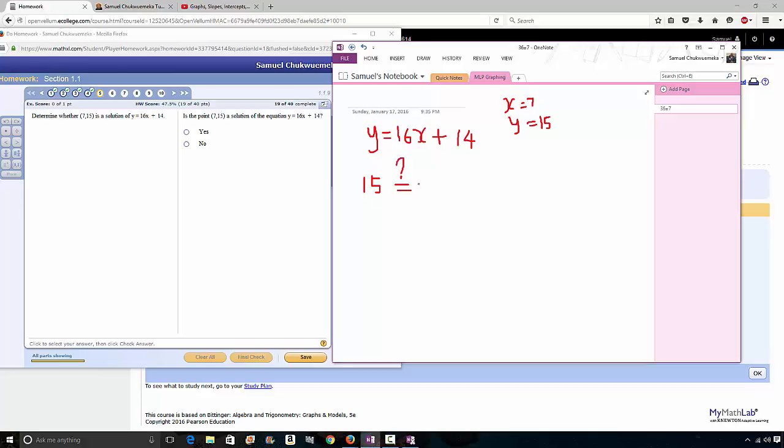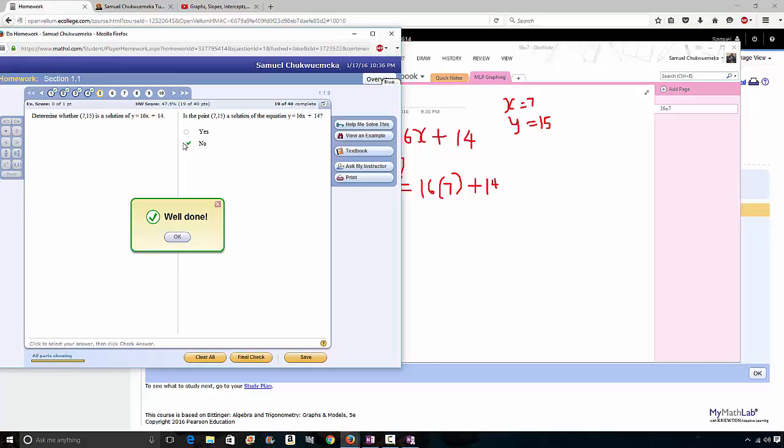This is like asking a question. Of course, this is not possible. There's no way 16 times 7 plus 14 will give you 15. So the answer is no. Even if x is 1, 16 alone plus 14 wouldn't give you 15.